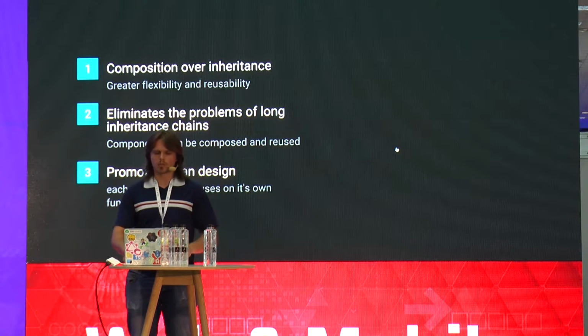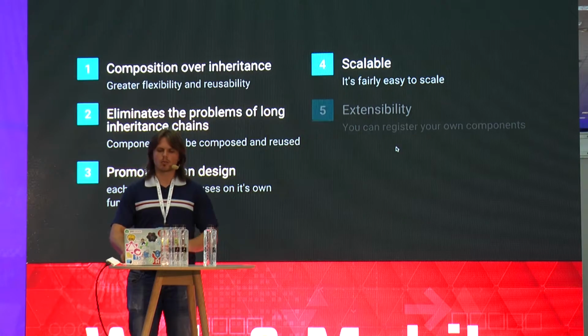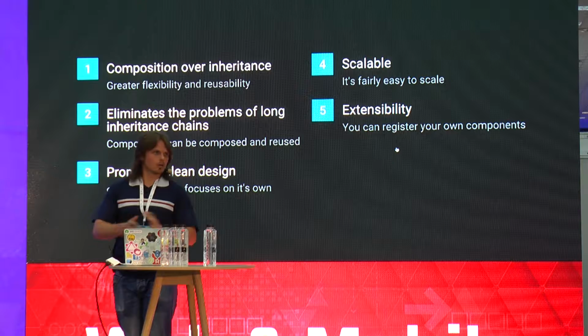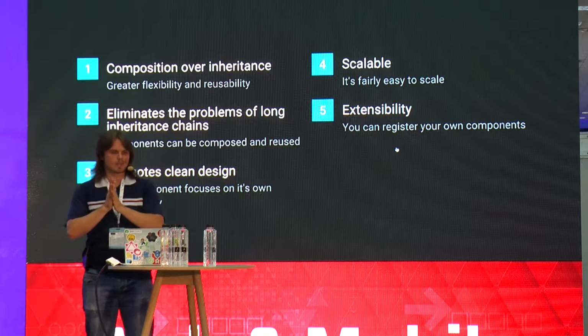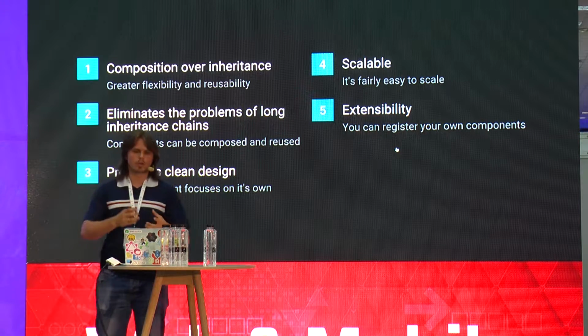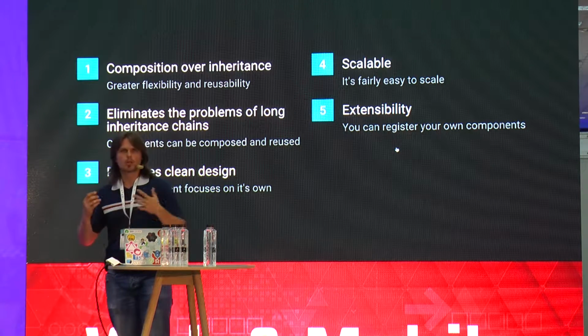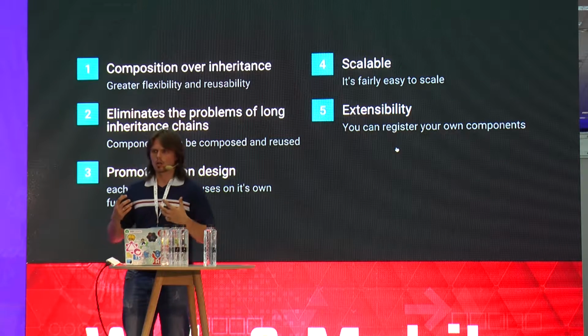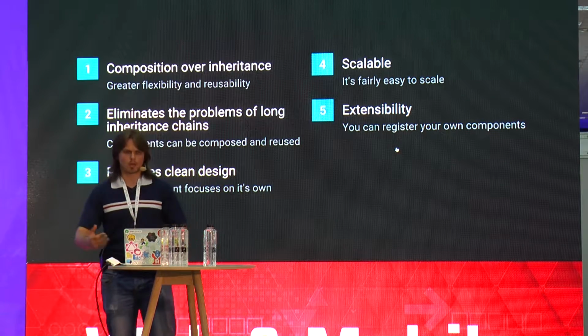We promote clean design. It's scalable and it's extensible. We can argue on that, but it's a proven fact in game development that component-based systems like entity component systems, used for example in Unity game engine or Unreal game engine, are more dominant in the game development space.